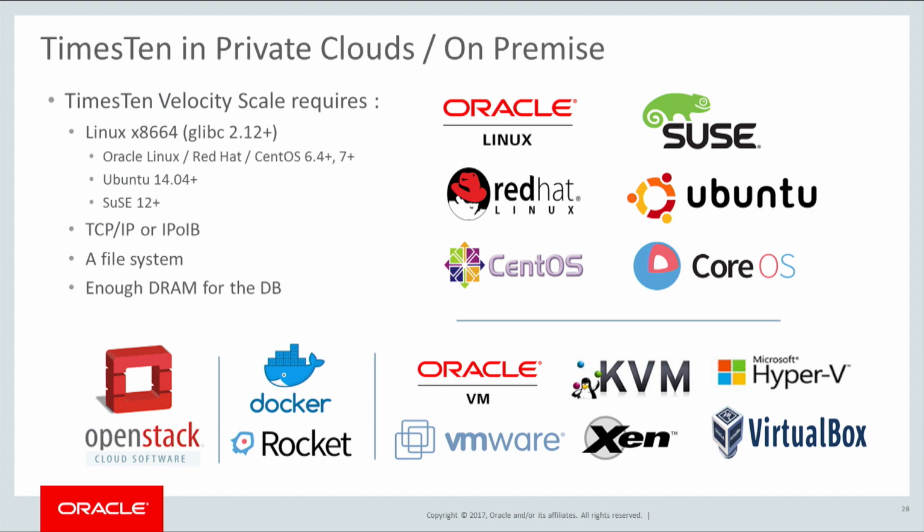If you've got 64-bit Linux, technically we only rely on glibc 2.12 or later. What that means in practice is Red Hat 6.4 or later, 7 or later. Works on Ubuntu 14.04, it's ancient. Works on SUSE. We require TCP/IP or IP over InfiniBand.